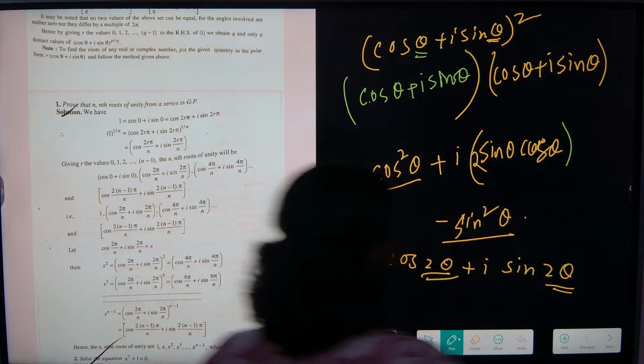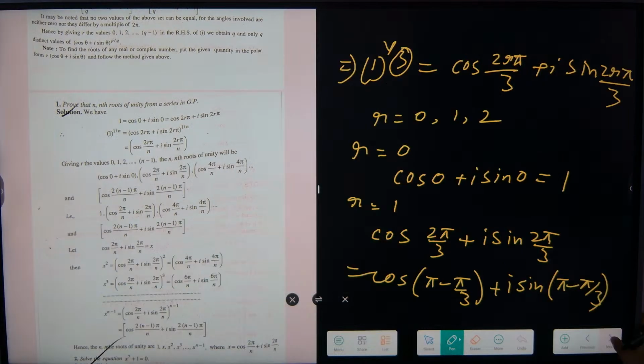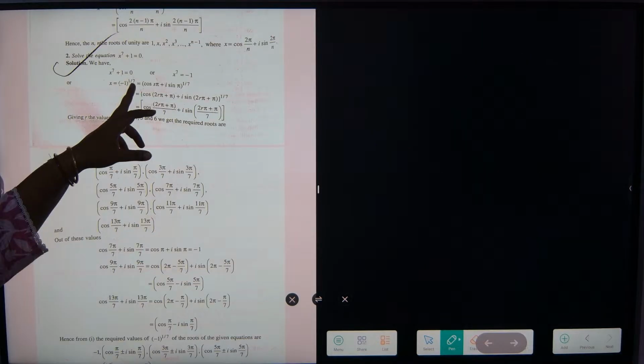So what we have at last, these three values. Done. Next, in this way we have found the n roots, putting r equals 0, 1, 2 up to n minus 1. Similarly, you can find minus 1 raised to 1 by 7.